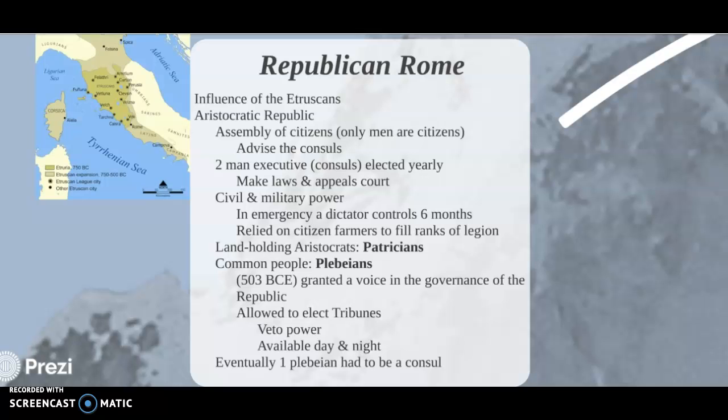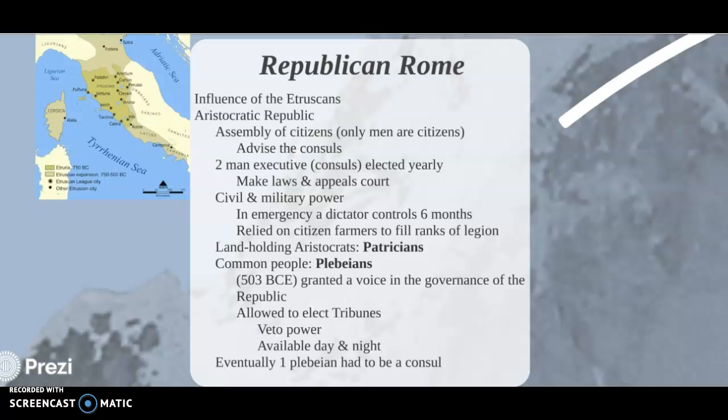Early on, the Senate mostly favors the patricians. The patricians are the landholding aristocrats, and for the first couple hundred years or so, it's a patrician-favored society.